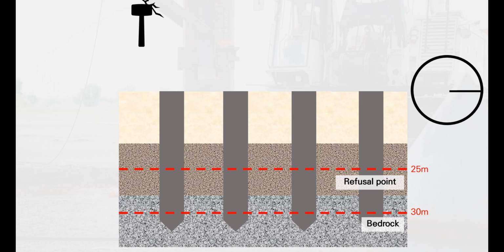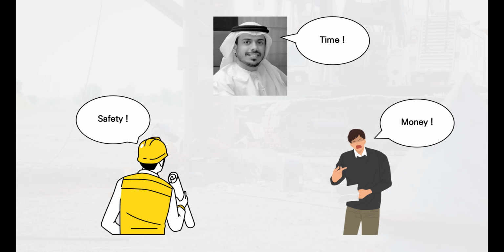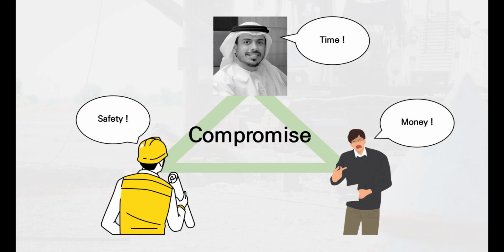It might be a good way to build a safe building, but it would be a bad way in economic terms. So, they tried to calculate the appropriate number of piles that they were going to use and where they should be installed. This would make them find the exact compromise between building a safe leaning building and also considering time and cost.